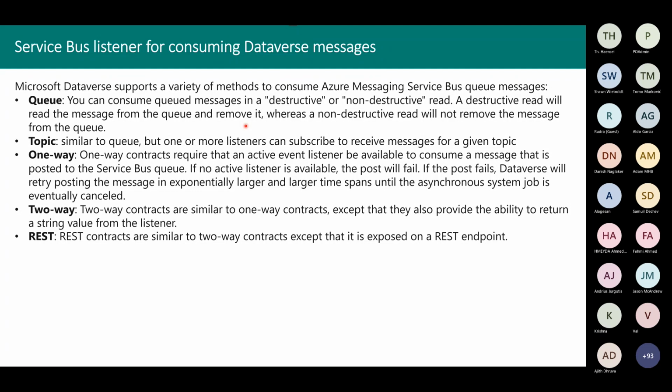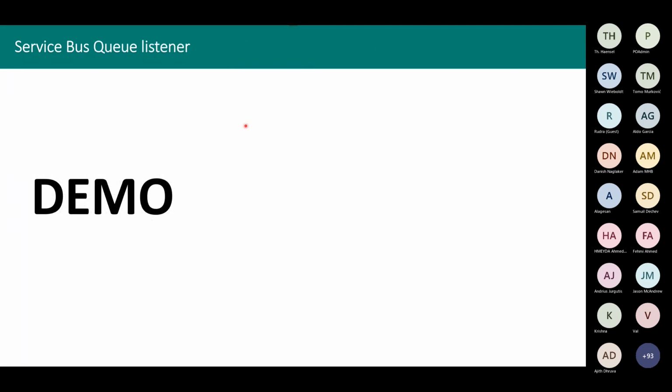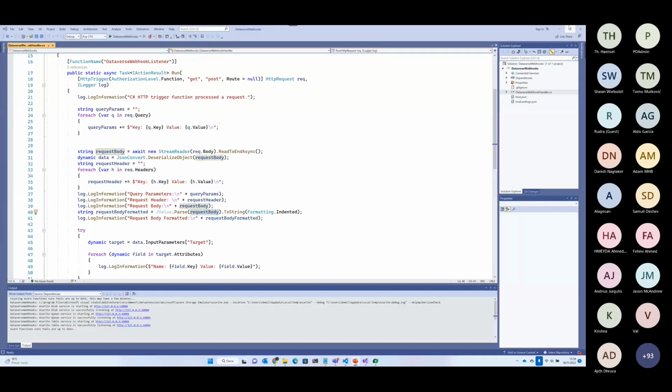So this means it wants a listener connected. Two-way is the same as one-way, but it also provides the ability to return strings. And REST means that it's exposed as a REST endpoint. So, a demo of these scenarios to better understand.